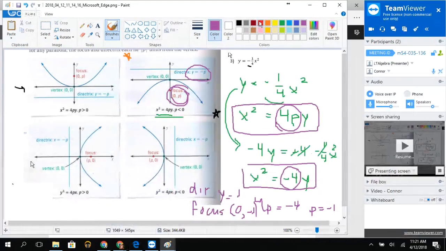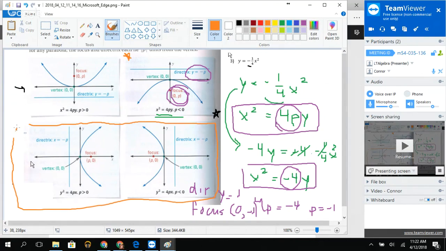So because my y is what's squared, I'm pretty sure one of these two is going to be what it looks like. And it was positive, so it's going to be this guy here. So I'm going to have a right-facing parabola that is not a function, but it is a parabola.